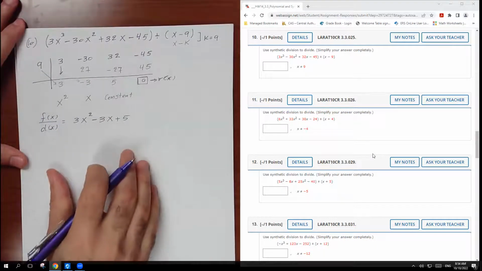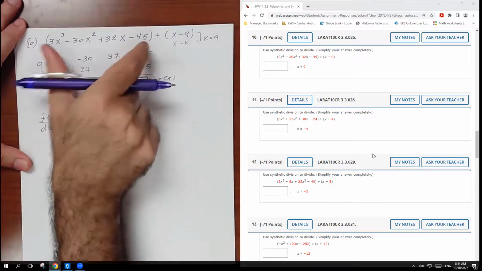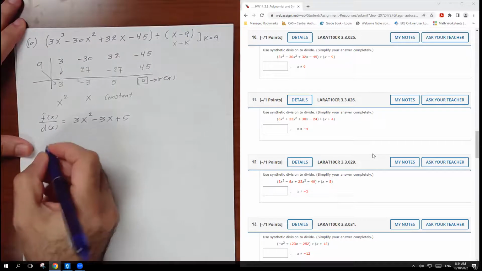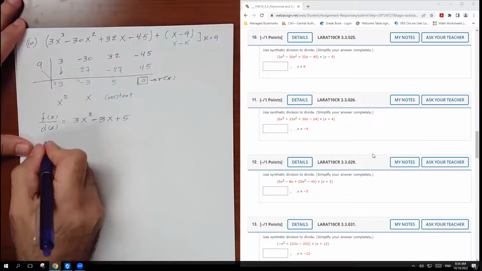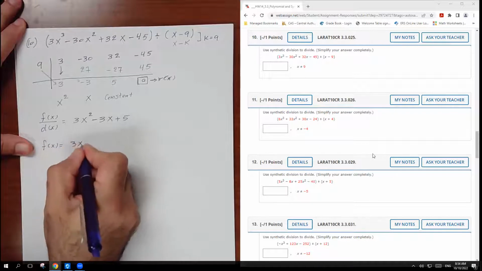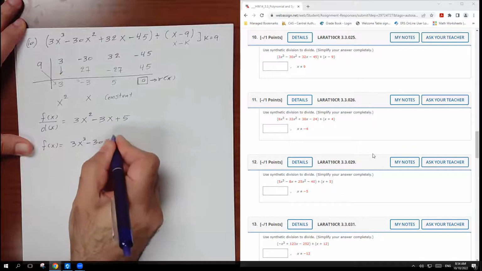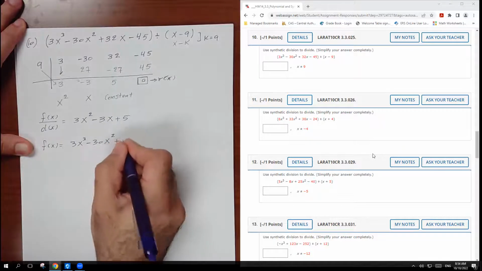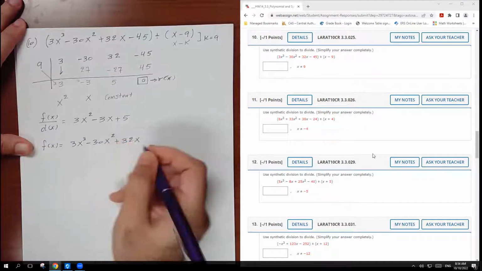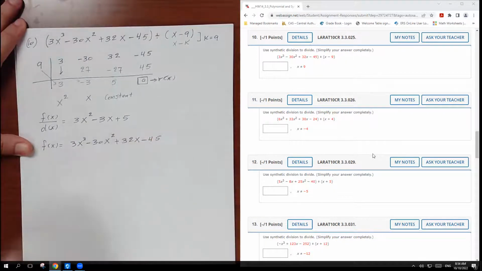In this case, you see, this is a factor of this polynomial. That means if we need to factor this one, we're going to say f of x equals 3x cubed minus 30x squared plus 32x minus 45. This is extra notes.